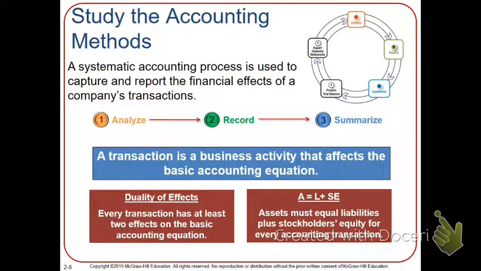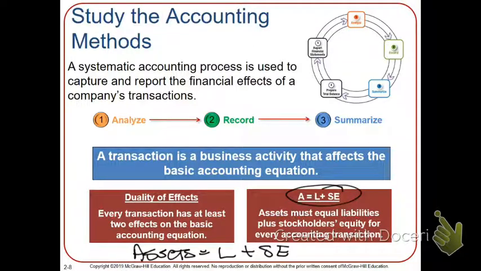And the first thing you want to remember, basically memorize, is that every transaction has at least two effects on the accounting equation. Remember, the accounting equation is assets equal liabilities plus stockholders' equity. That always has to balance.